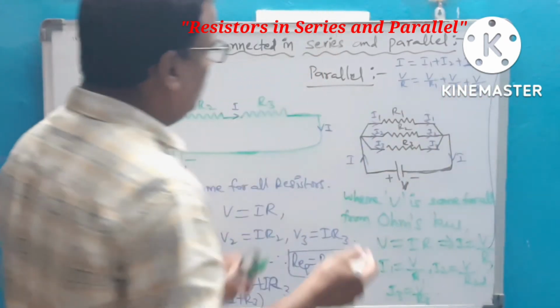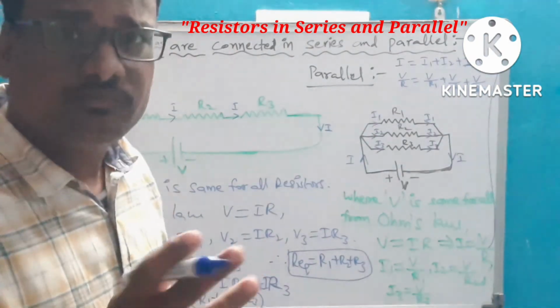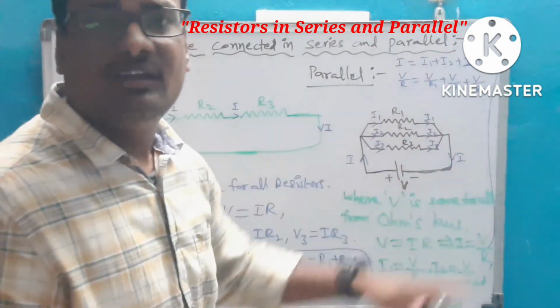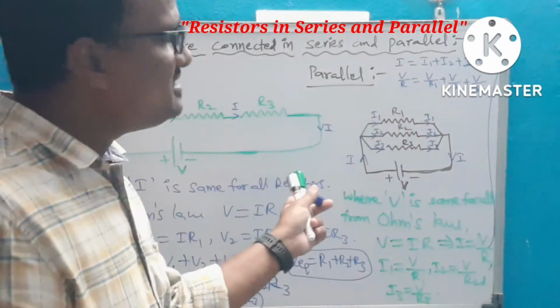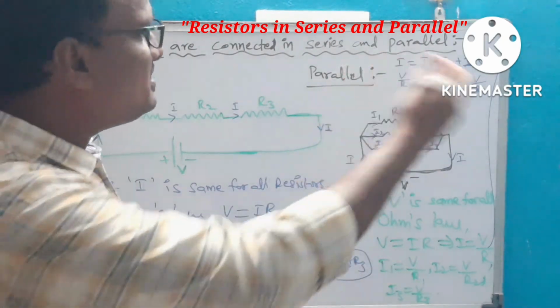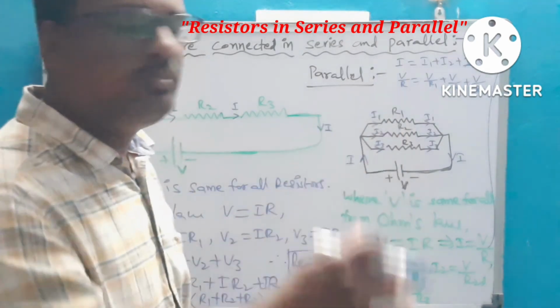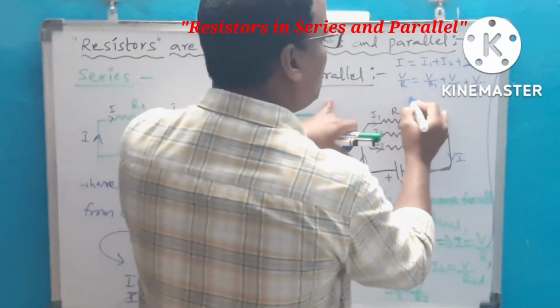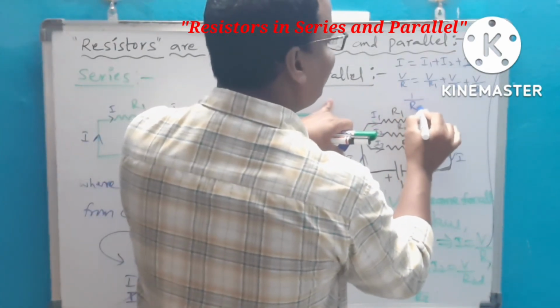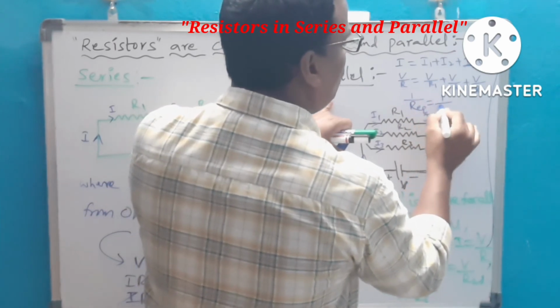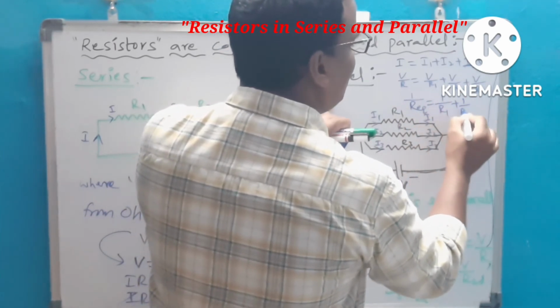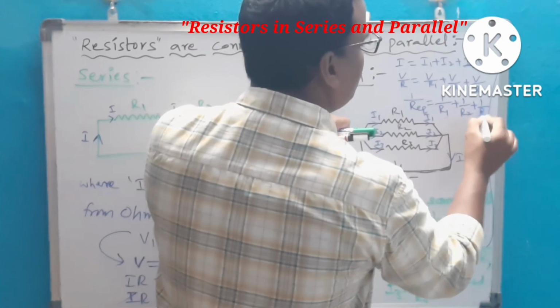Here we can take V as common, then V on the LHS and RHS is cancelled, and finally we get 1 by R equivalent equal to 1 by R1 plus 1 by R2 plus 1 by R3.